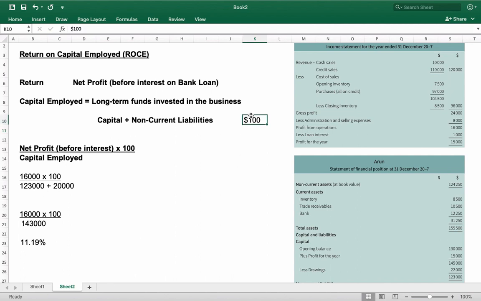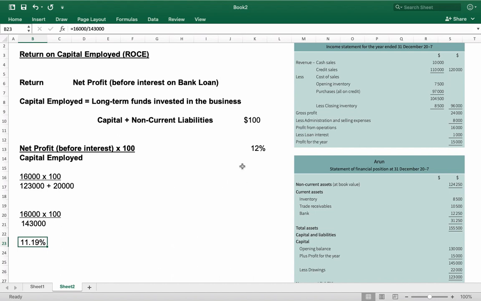If the same $100 I put in the bank, and imagine the bank is giving me 12% return, I can easily analyze that there is no point of running the business. The business is giving me only 11.19 percent after taking lots of risk, whereas if I invest the same $100 in the bank, I can easily earn 12% return without any risk. So I can conclude that there is no point of running the business.